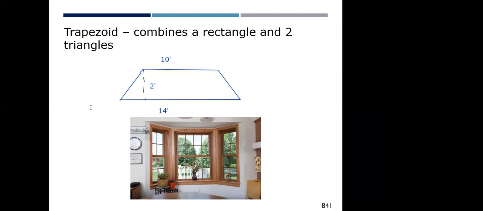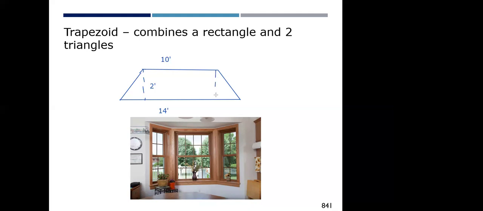Is it a perfect square? Is it a perfect rectangle? Or do you have places that aren't? So when we come across this in the real world and it's not a perfect square or perfect rectangle, we got to take the shape and chop it up and make it a shape that we can measure. Squares, rectangles, and triangles are all we need to worry about. So we got to chop it up and make it into squares, rectangles, and triangles.